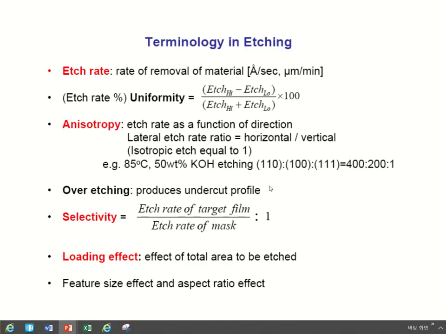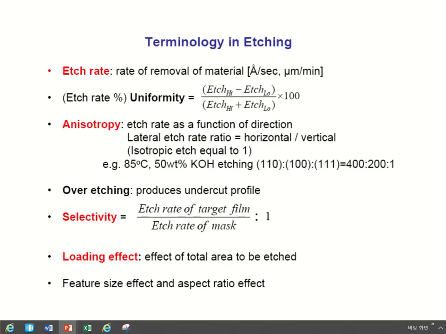So that means in the 110 direction, it is 400 times higher compared to the 111 direction. So that's why a pyramid shape of etching is possible, because in the 110 and 100 directions the etching rate is much higher than in the 111 direction. Okay.